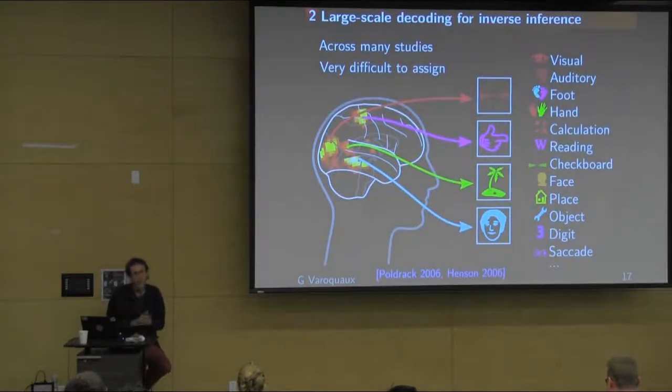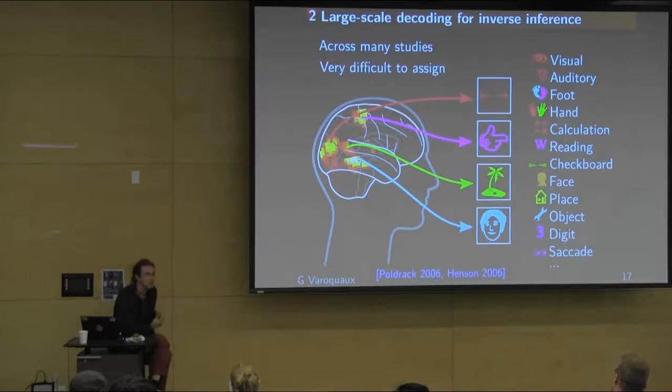Now there's one caveat: the way we run the experiments, this prediction is often done in a very closed world setting. We showed face and place. We showed that we can predict from a region that the subject is seeing a face rather than a place. If we jump to the conclusion that this is a face-specific area, our conclusion is wrong.